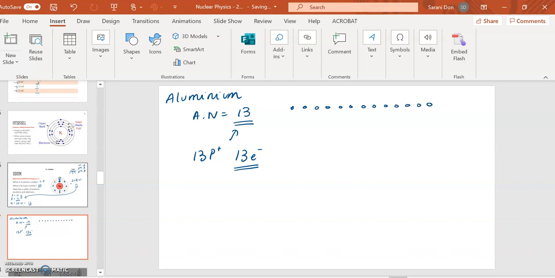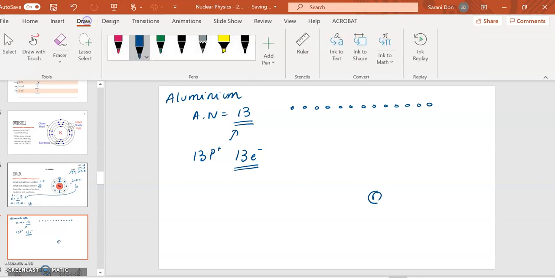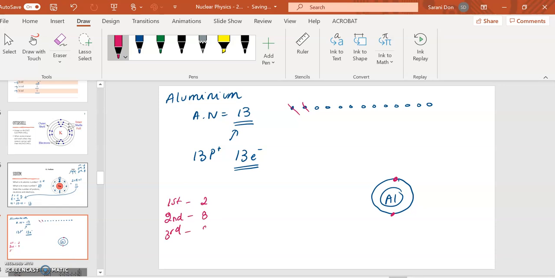Okay. So if we were to draw aluminium, we know the first shell can hold up to 2 and nothing more. If you want, on the side you can write this down just so you can remember: the first shell can hold up to 2.